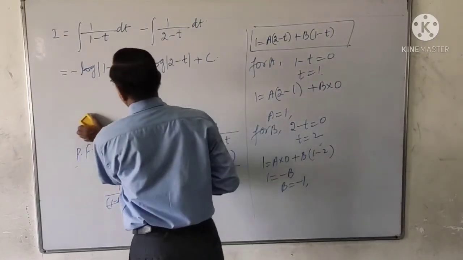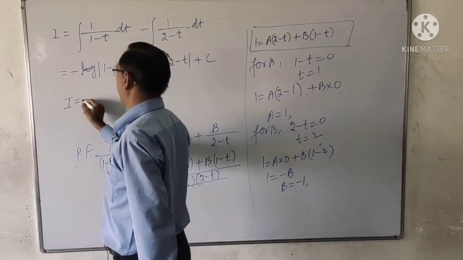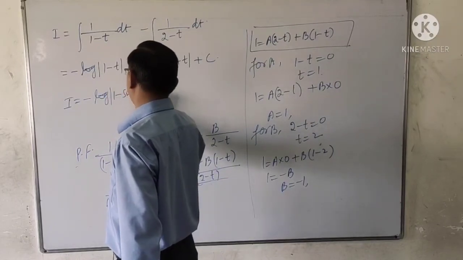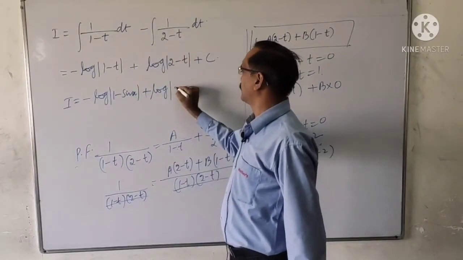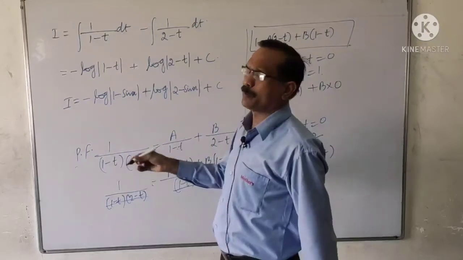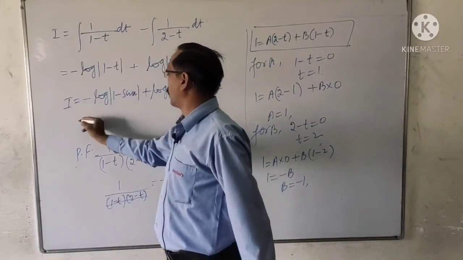Now we will put the value of t equal to sin x. So the final answer I equal to minus log mod (1 minus sin x) plus log (2 minus sin x) plus C. Students, we can use the log formula also.